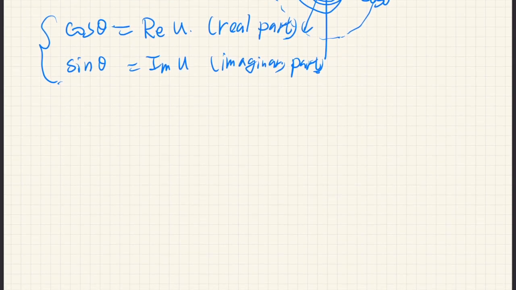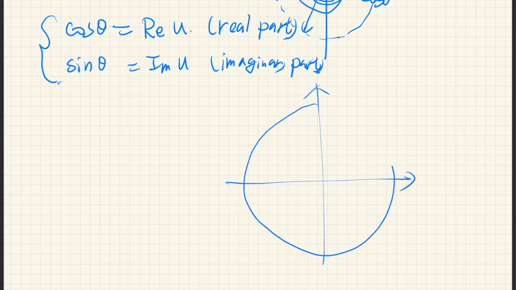Okay, so another example. If u is somewhere here, okay, then theta should be this. Okay, in that case, the real part is negative and the imaginary part is positive. So cosine is negative and sine is positive.